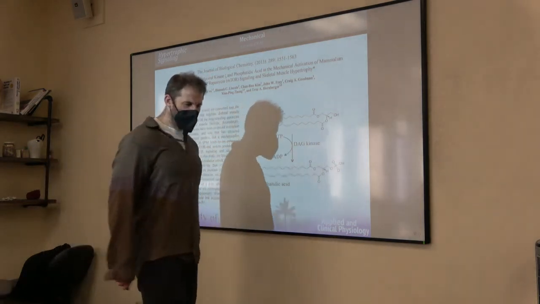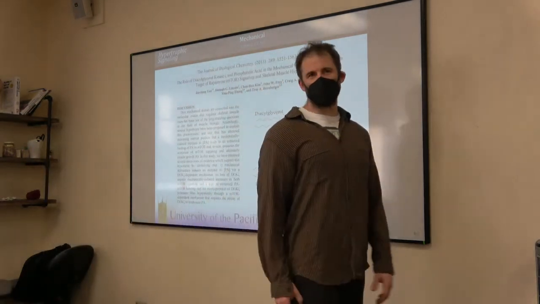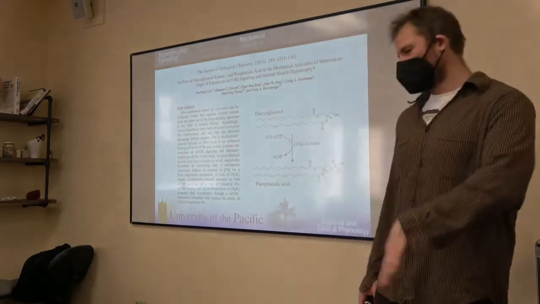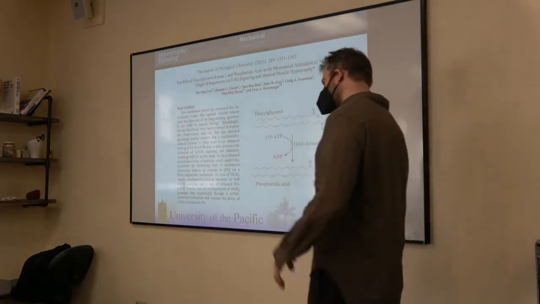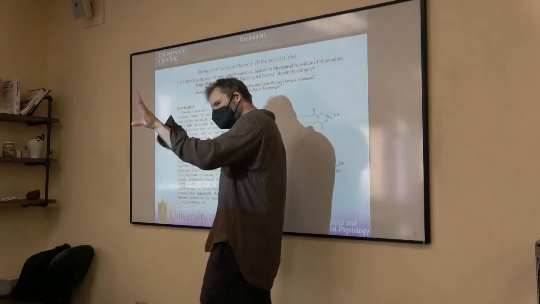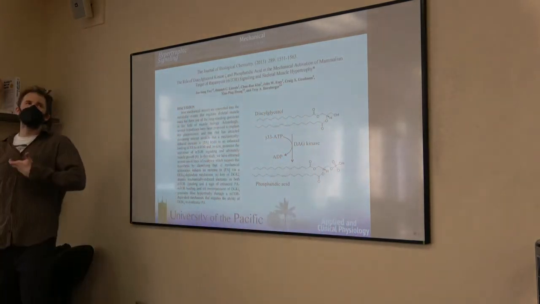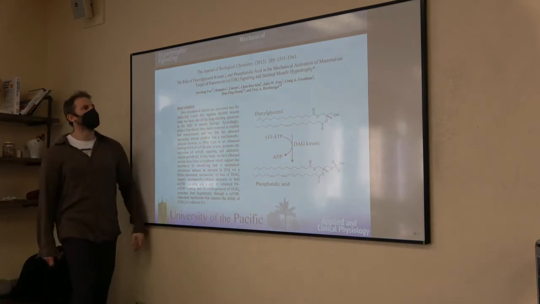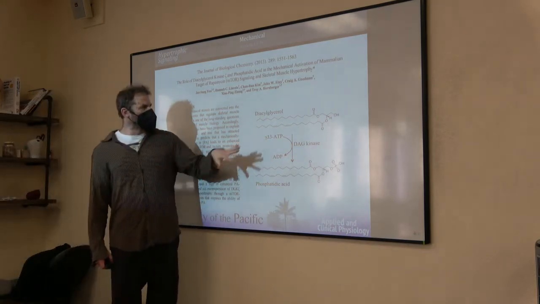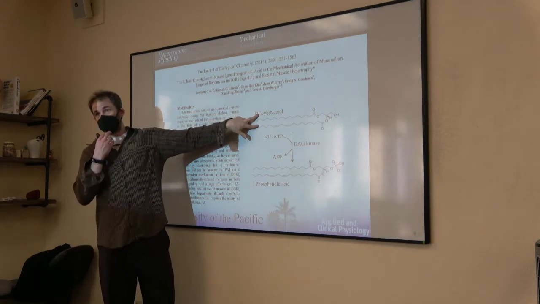AMPK is going to help activate adipose triglyceride lipase. All right, let's go through lipolysis and remove the first free fatty acid. Make it a free fatty acid. The first imprisoned fatty acid becomes free. Leaves its incarceration. Now we have a diacylglycerol.